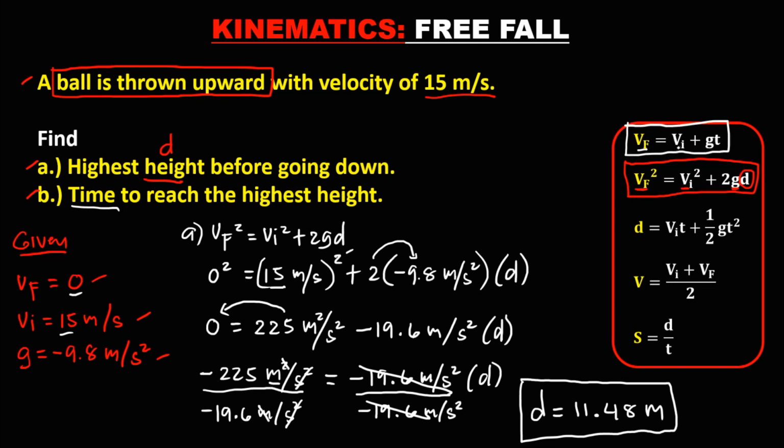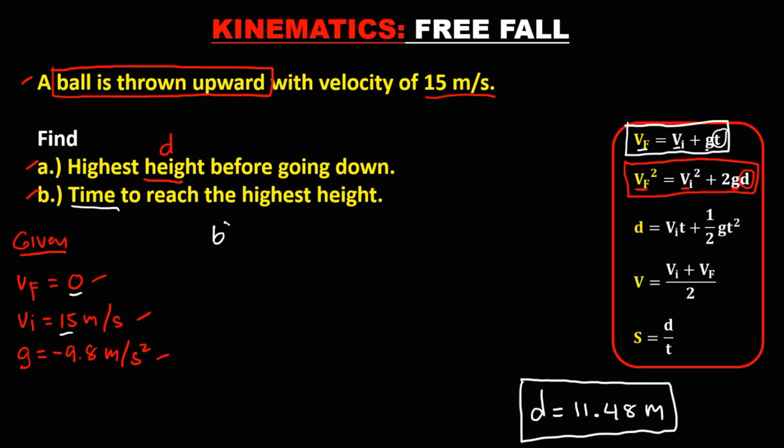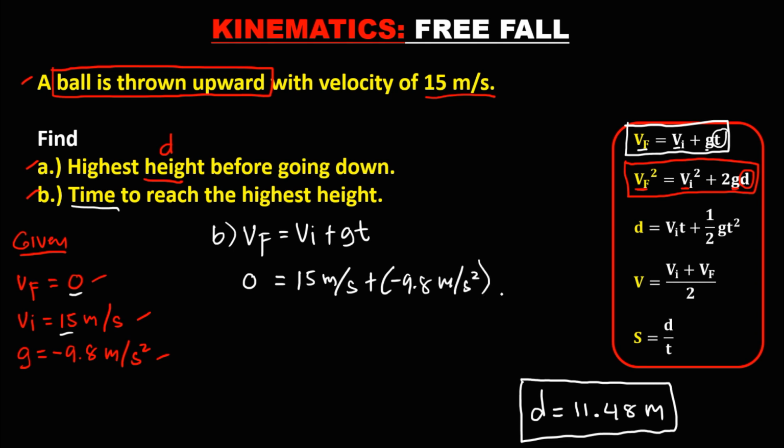Then to find the time to reach the highest height, we use this formula, because we have the final velocity, the initial velocity, and the gravity, so we can find the time. For B, to solve for the time, we have the final velocity equals the initial velocity plus the gravity times the time. The final velocity is 0 and the initial velocity is 15 meters per second, plus the gravity, negative 9.8 meters per second squared, times the time.